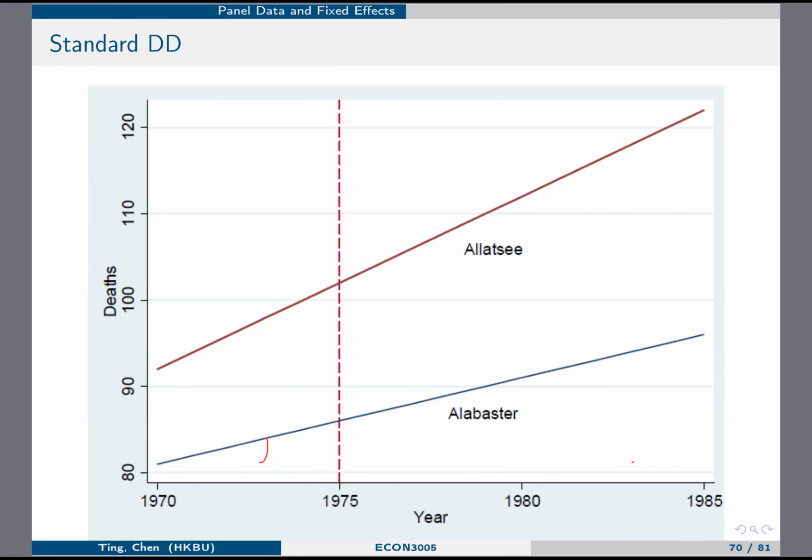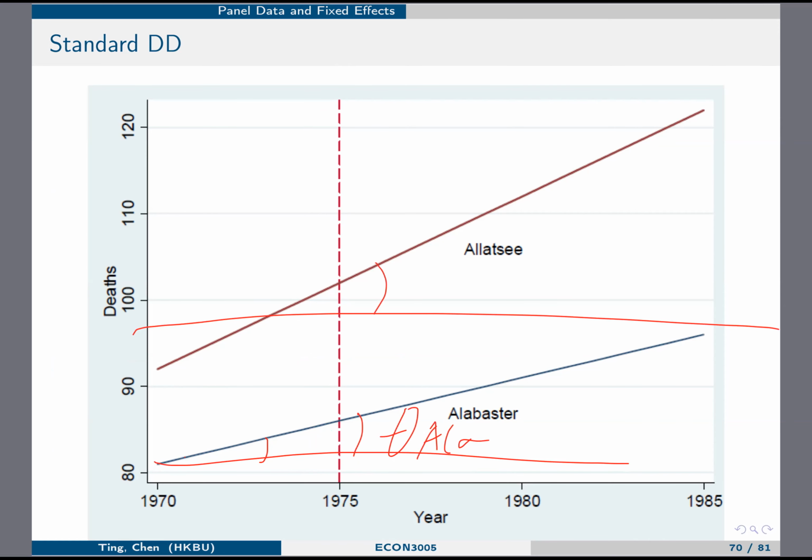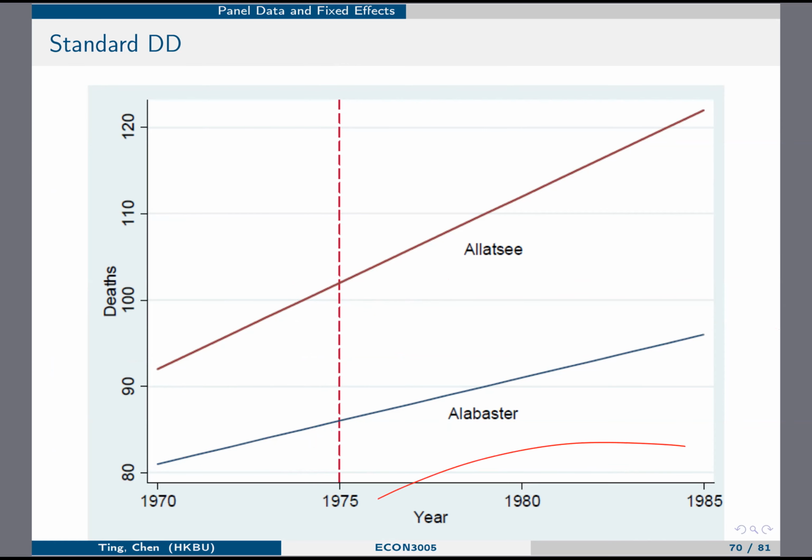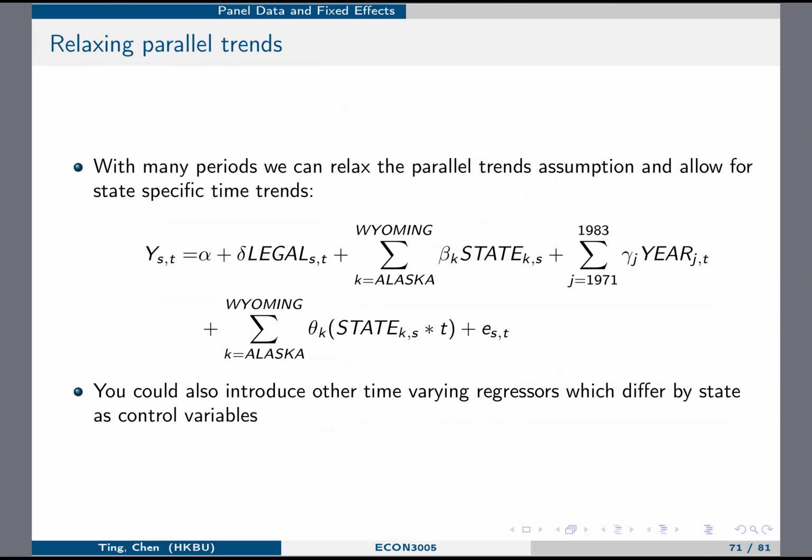Theta, and also the theta, theta. So this will be controlled by this new bunch of variables: the state dummy variable times a linear year variable.